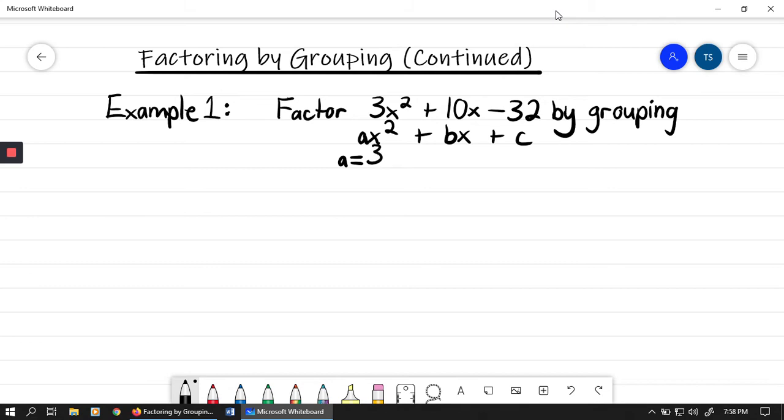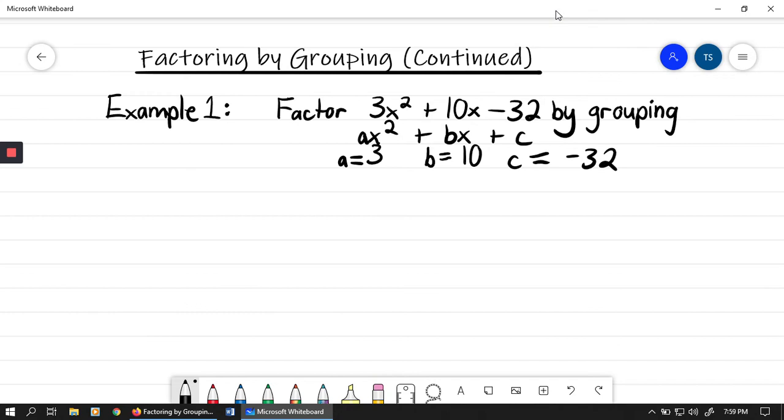B is the coefficient with the linear term. That's 10. And C is our constant term here, which is negative 32. Alright, so if we know those three parts, then we can go ahead and start with factoring by grouping.